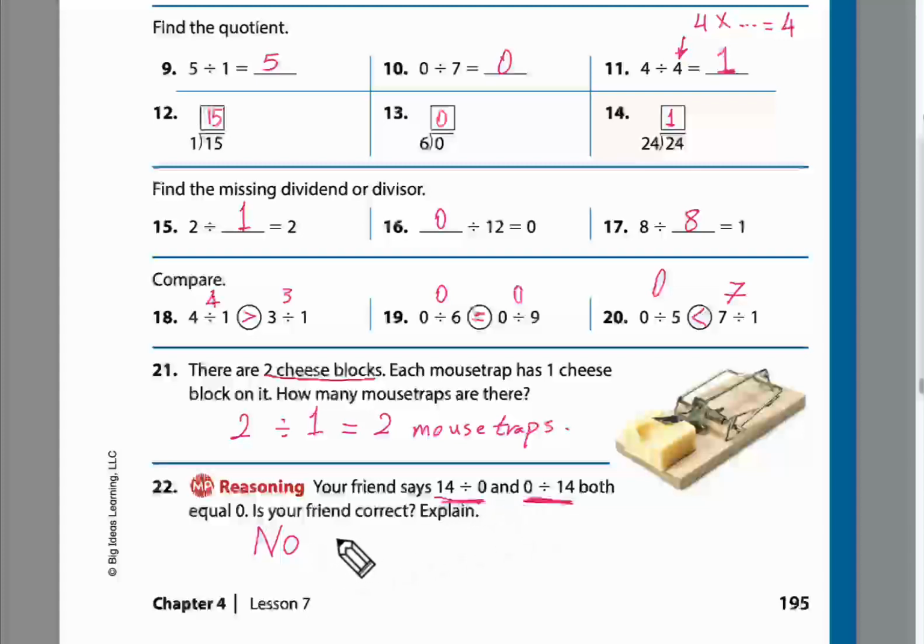Okay, so your answer is no. Okay, what is 0 divided by 14? 0. And what is 14 divided by 0? 0 also? If it's 0, the answer should be yes, not no.